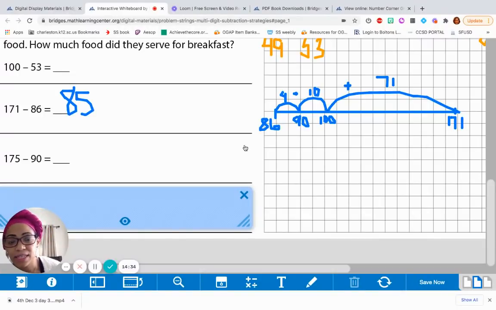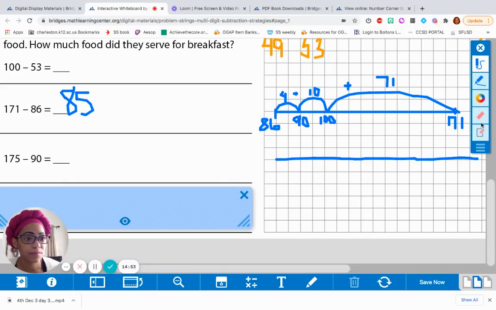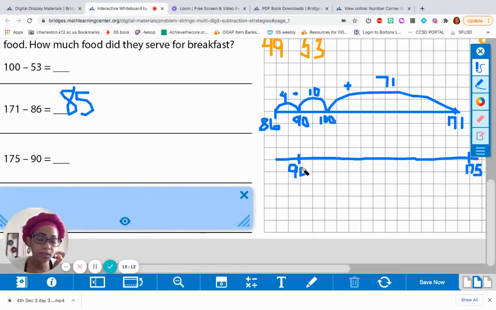175 minus 90. Work it out. Right, did you see a connection between the two problems?